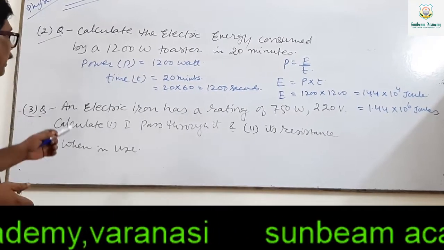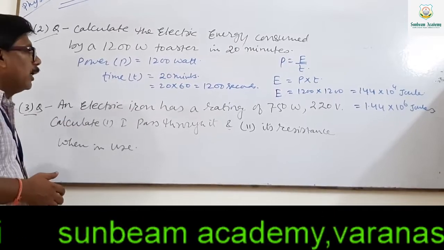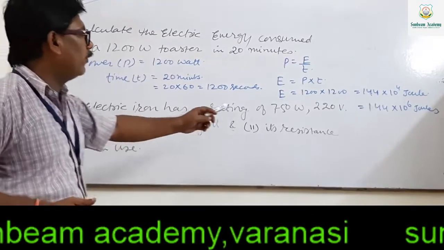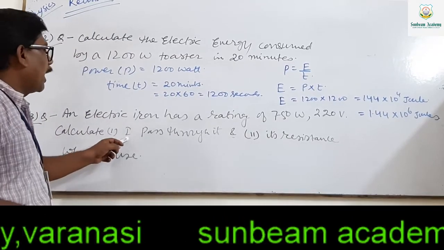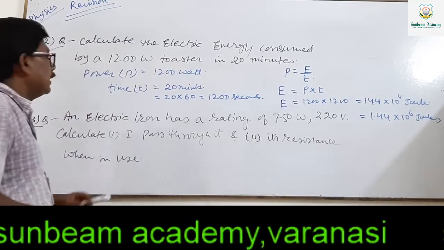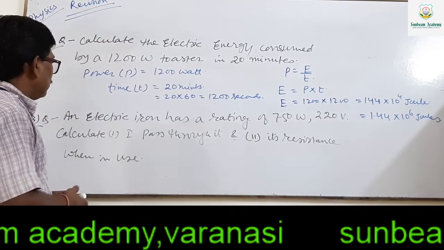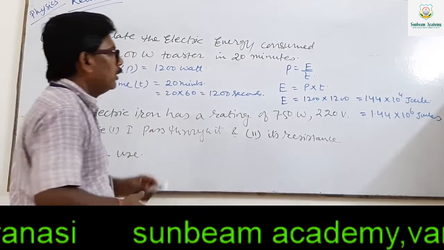Now another question is written here. An electric iron has a rating of 750 watt, 220 volt. Calculate I, meaning current passing through it, and second its resistance when in use. So what do you have to find? I, meaning current, and resistance.